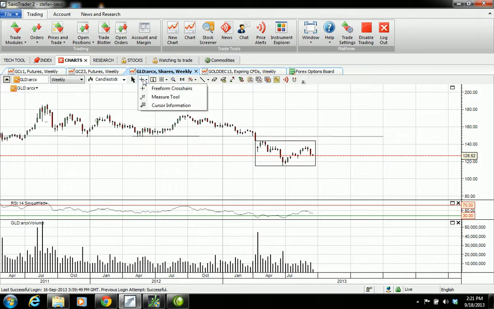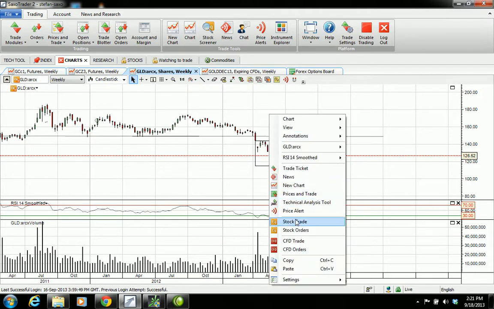As you can see here, GLD is 145 to around 113. It's a slight difference between the futures and this, but it's pretty much the exact same thing. It's more liquid, it's more transparent. There's less chance of brokers taking advantage of you.